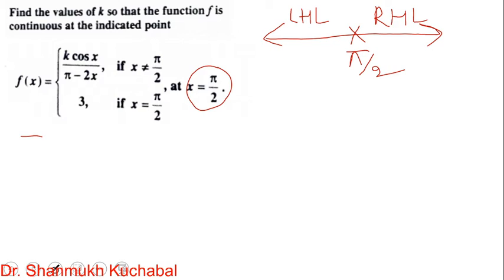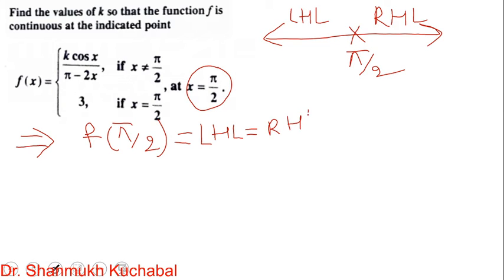Now the first step is the indicated point. f of pi by 2 is defined, so f of pi by 2 equal to LHL equal to RHL. Now they have directly given x not equal to pi by 2, so we will directly find it.